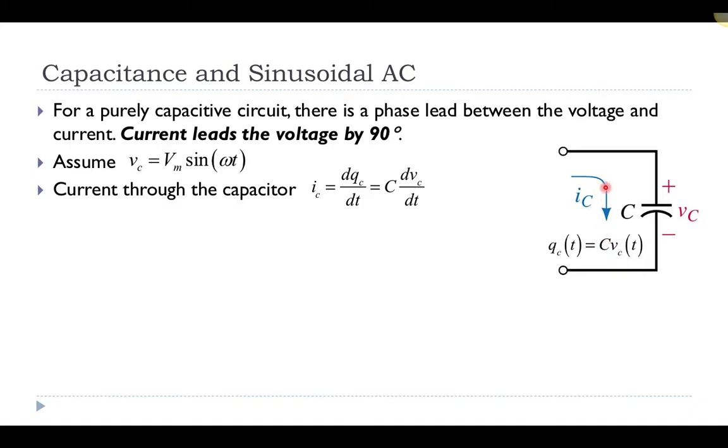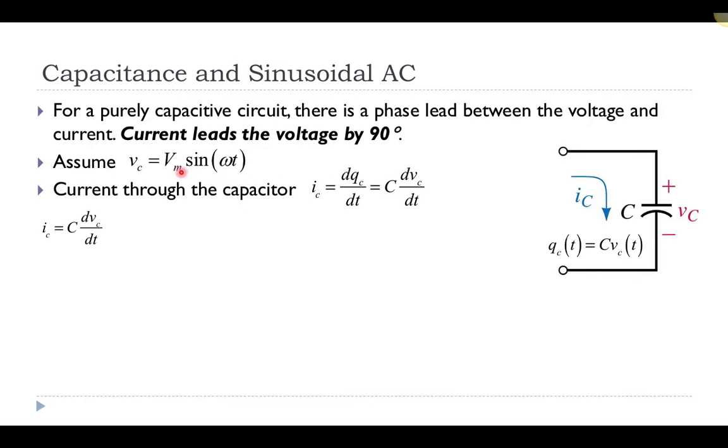So if we go back to our definition of current, where current is just the rate of change of charge in the circuit, and we plug in this value for the charge as the capacitance times the voltage, then the current that passes through a capacitor is just the capacitance times the rate of change, or the derivative, of the voltage across the capacitor as a function of time.